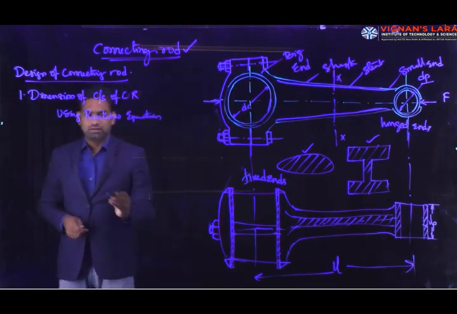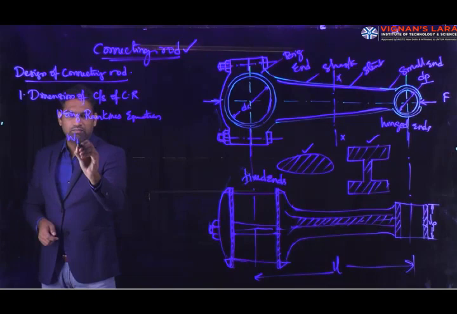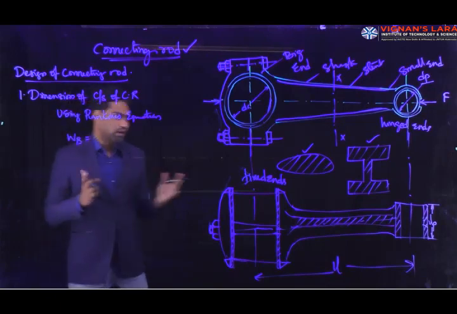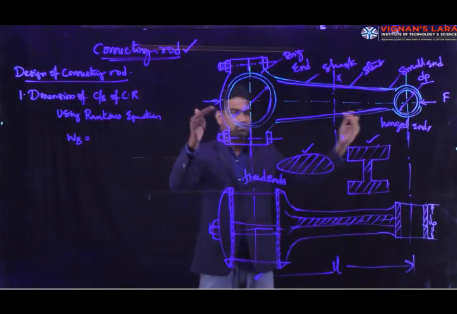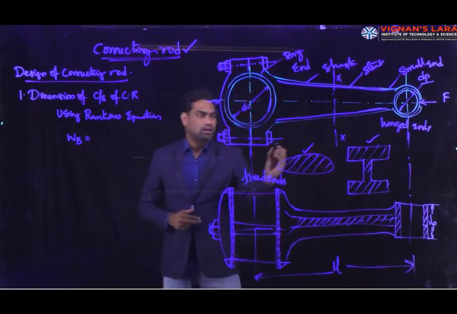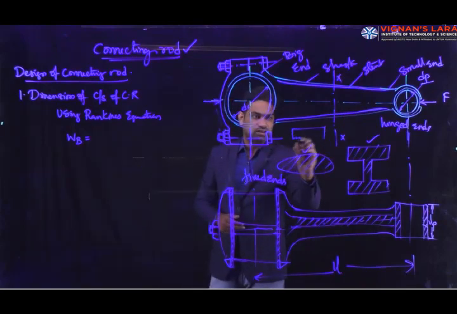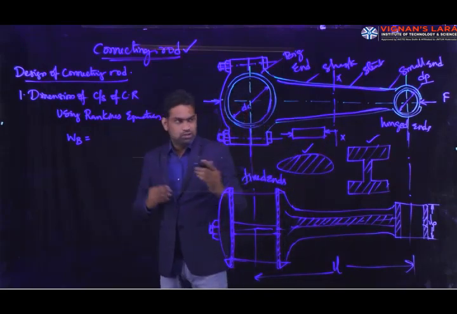Rankine's equation is given by WB, that is the buckling load of the connecting rod. Due to the compression forces, for example, we can take a column or a strut subjected to loads acting on both sides, that is a compressive load. There is a chance of buckling.